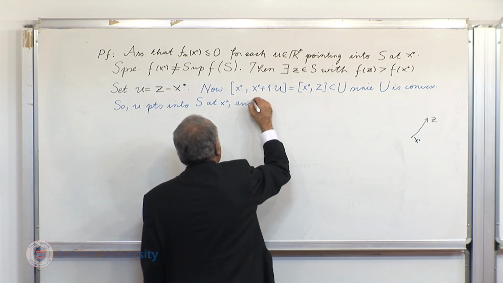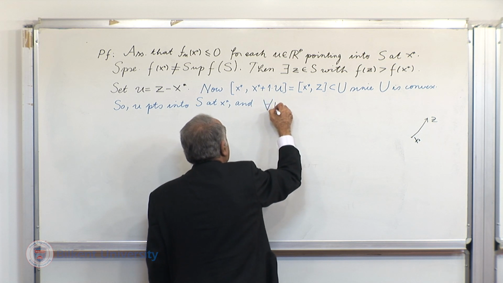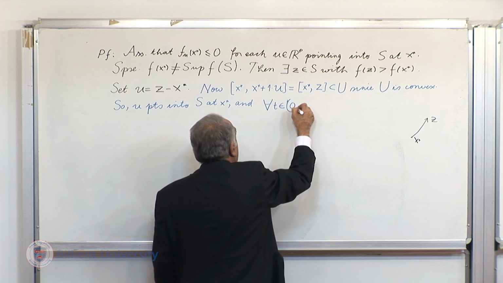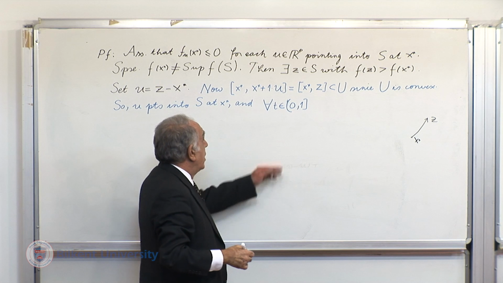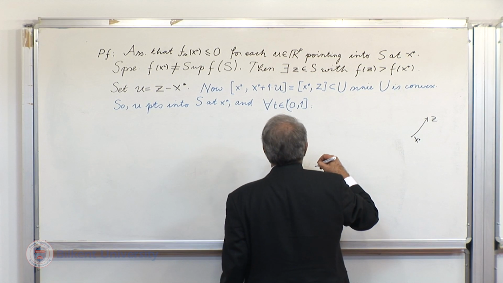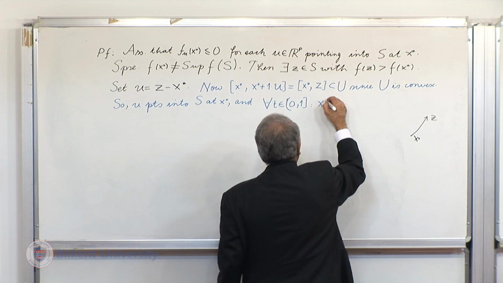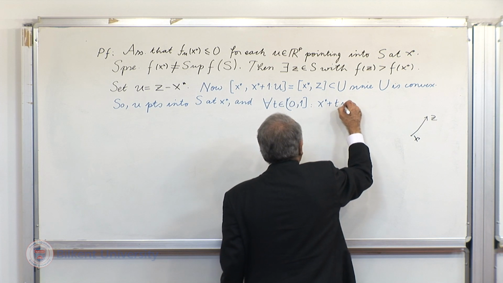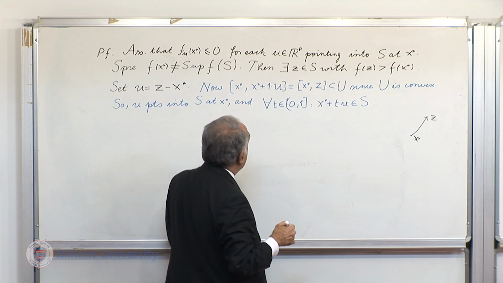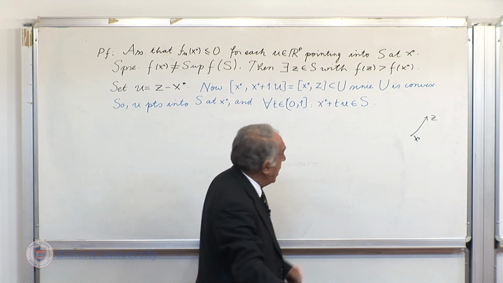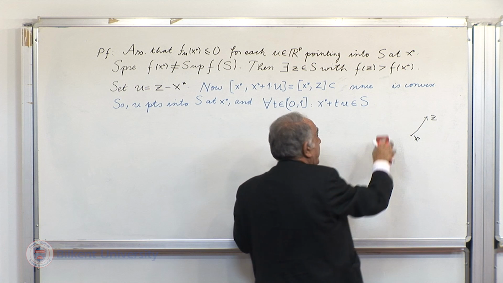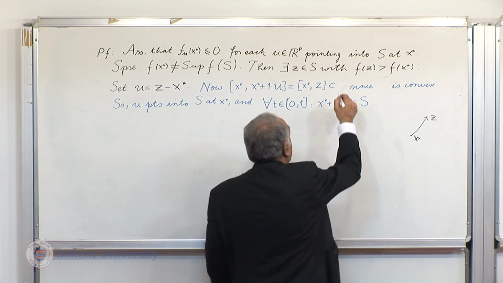And if I take any t in the interval 0, 1, 0 included, that will also be valid: x star plus tu will be in S. No, this is S, not U. This time the domain was S, okay?